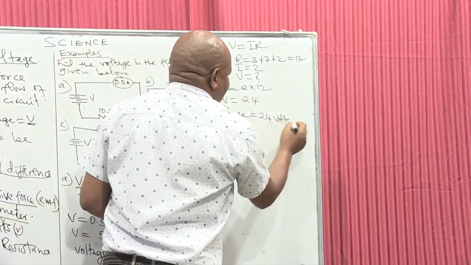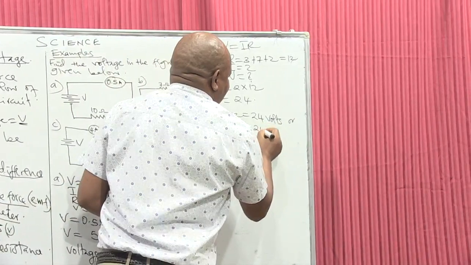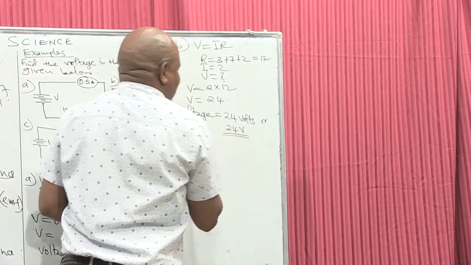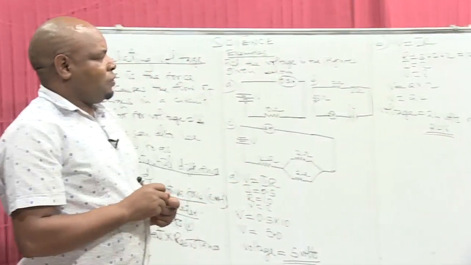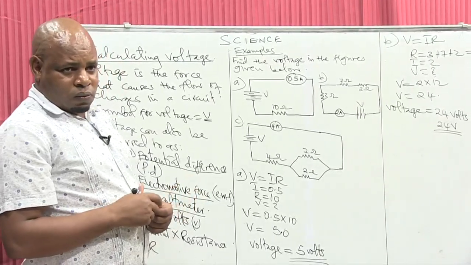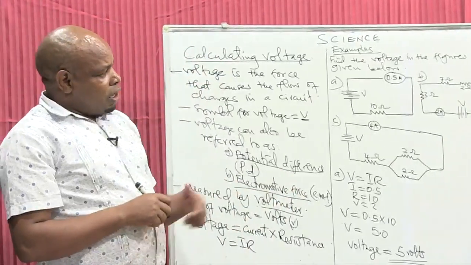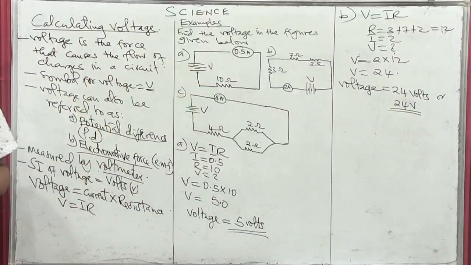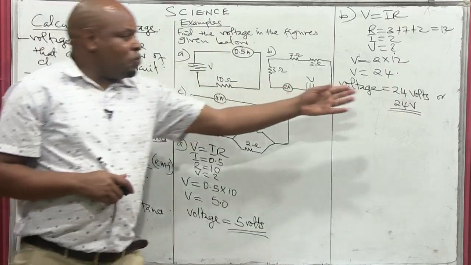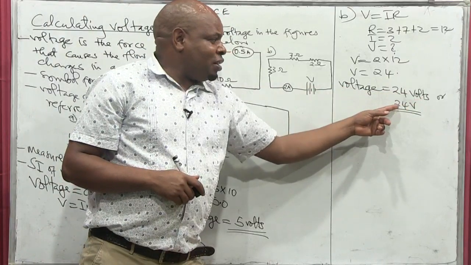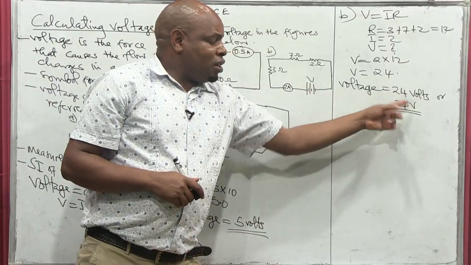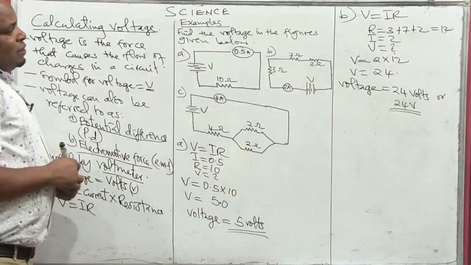Should I write V, it's also acceptable. Any of the two answers is correct. Here you have written units in full. Here you have written the units using the symbol.